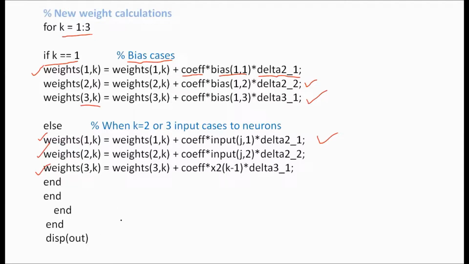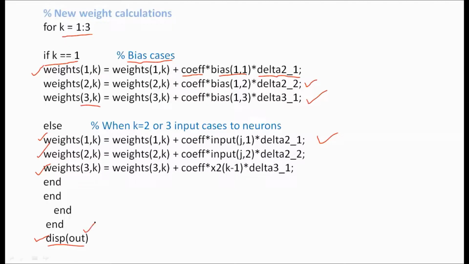This updation of weight will continue for the iteration times, and after all iterations are completed, we'll get the final output. We can display this final output using this display function, DISP out.